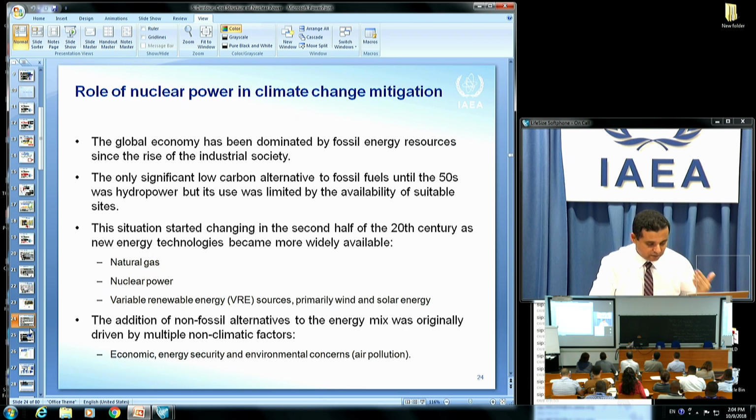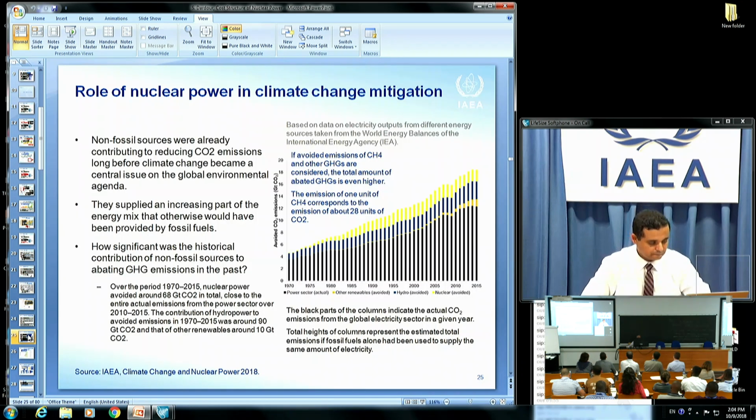And if we look at slide 25, on the right, we have the gigatons of avoided emissions which were achieved thanks to carbon-free technologies.